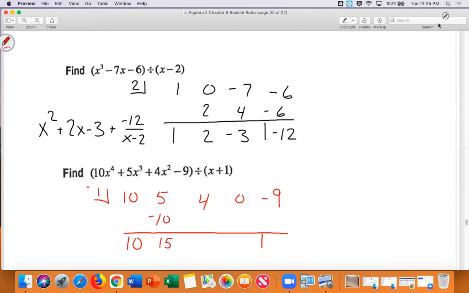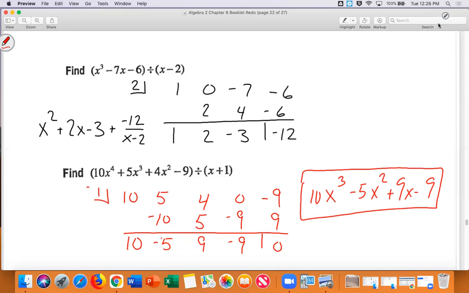So that would be -10, and then we get -5, then it's -1 times -5 is 5, so that's 9. -1 times 9 is -9. -1 times -9 is 9. You get 0. So the answer would be what? 10x to the third minus 5x squared plus 9x minus 9. There you go.